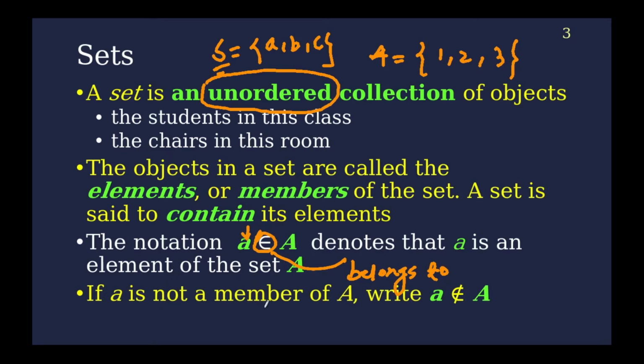If a is not a member of A, we say a does not belong to A. If a is a member of A, we use this symbol to represent that it is a member of that set. If it is not, we use the same symbol but with a vertical strike through it, to represent that element a is not part of set A.